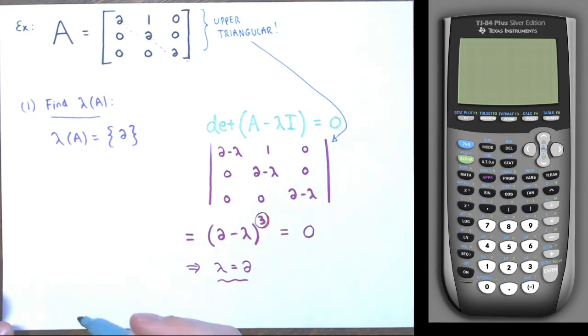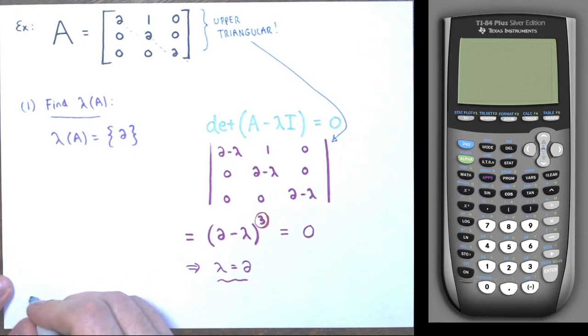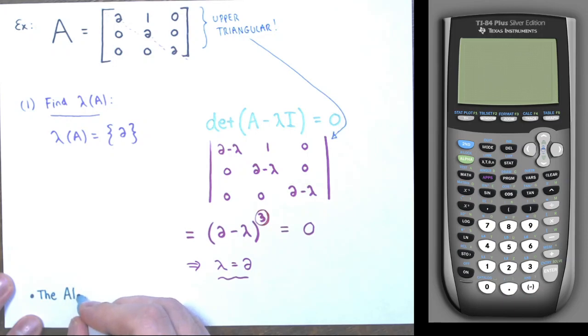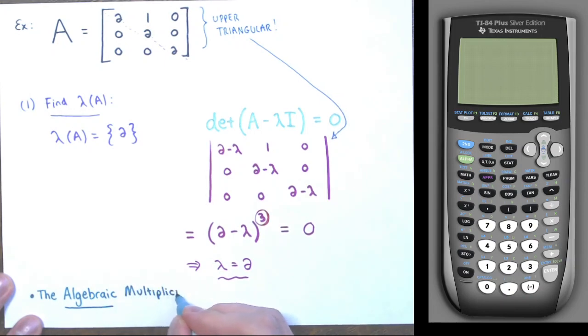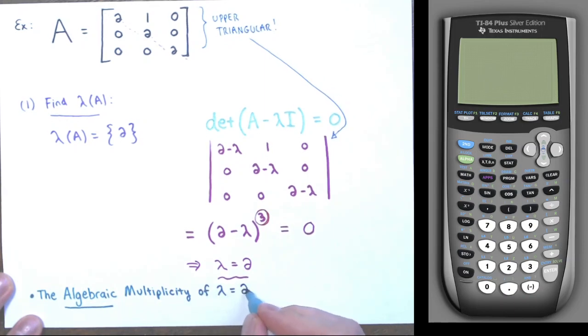So what we would say then is that the algebraic multiplicity of lambda equals 2 is 3.